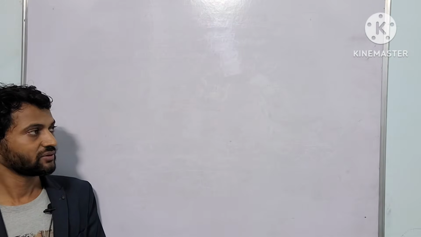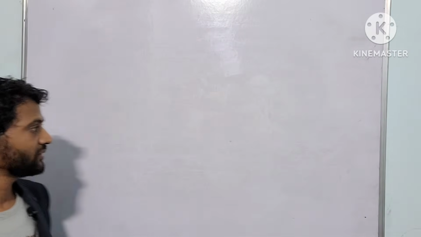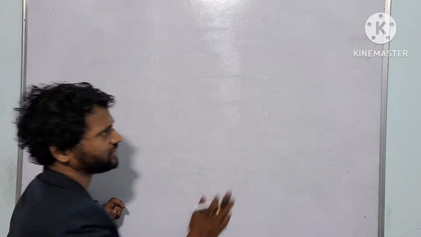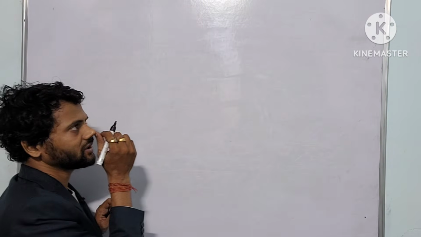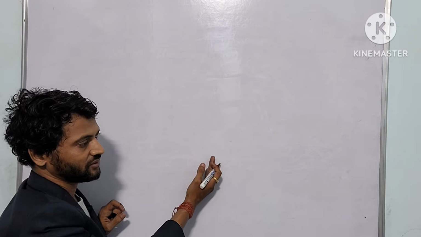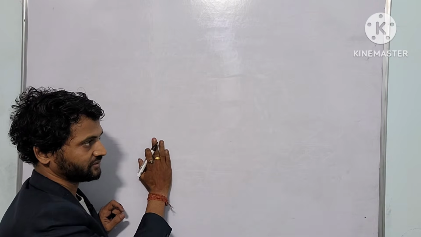Then we discussed the efficiency of half wave rectifier as well as full wave rectifier, and we did some numericals. So last part, one small thing you remember. If we get a question like what is the advantage of full wave rectifier over half wave rectifier?